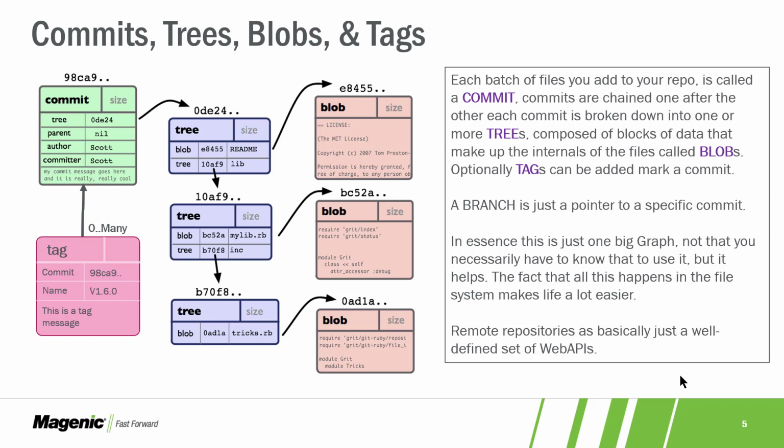So in other words, it tries to reconcile in a unidirectional direction the commits, their trees, blobs, and tags. Tags are super important. We'll get to those in a minute.